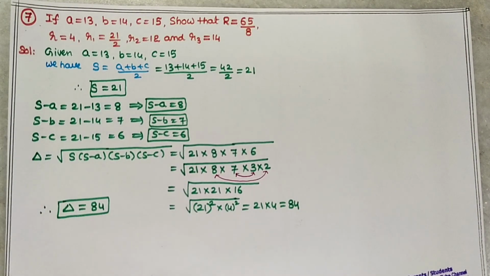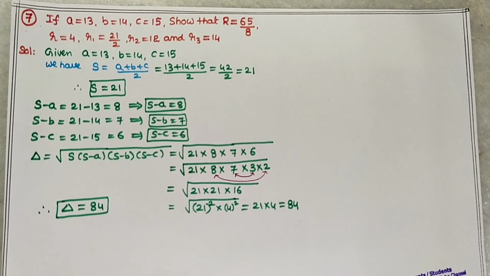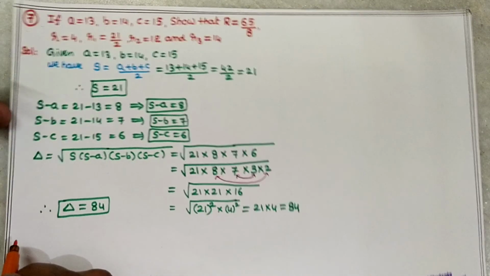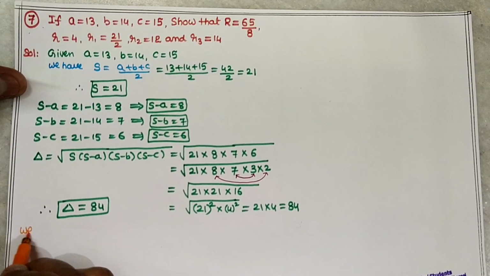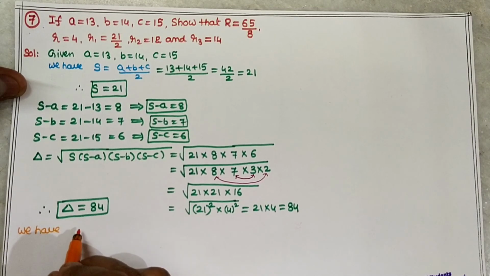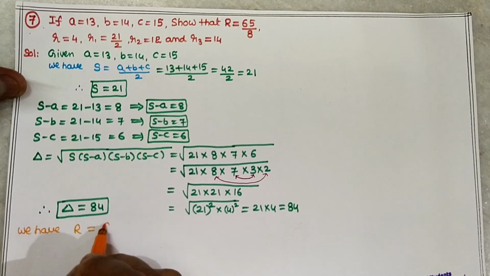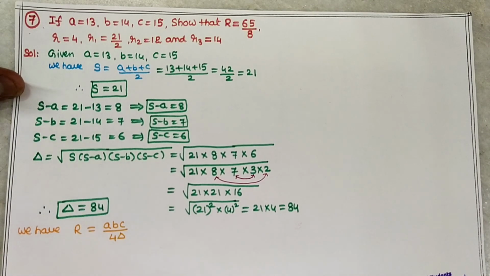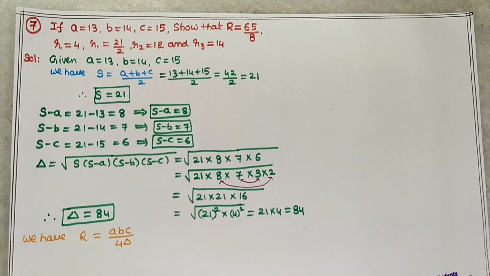Whenever you know the values of delta, a, b, c, you can calculate capital R value. We know that capital R is equal to abc by 4 delta. This is the formula. Generally, delta is equal to abc by 4 capital R, but making capital R as the subject, we will get this.